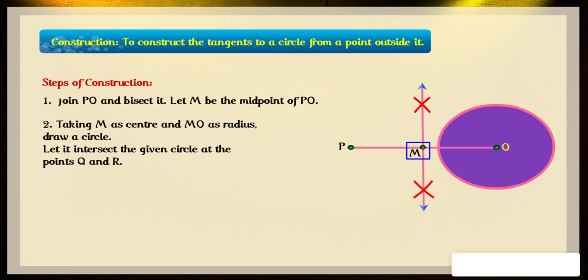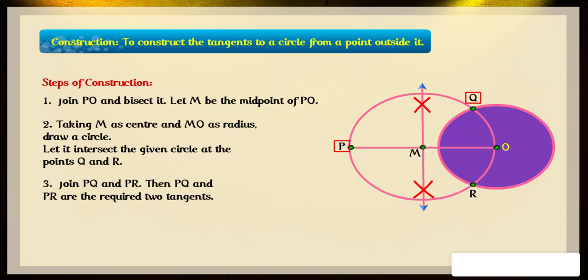2. Taking M as center and MO as radius, draw a circle. Let it intersect the given circle at the points Q and R. 3. Join PQ and PR. Then PQ and PR are the required 2 tangents. Now let us see how this construction works. Join OQ.